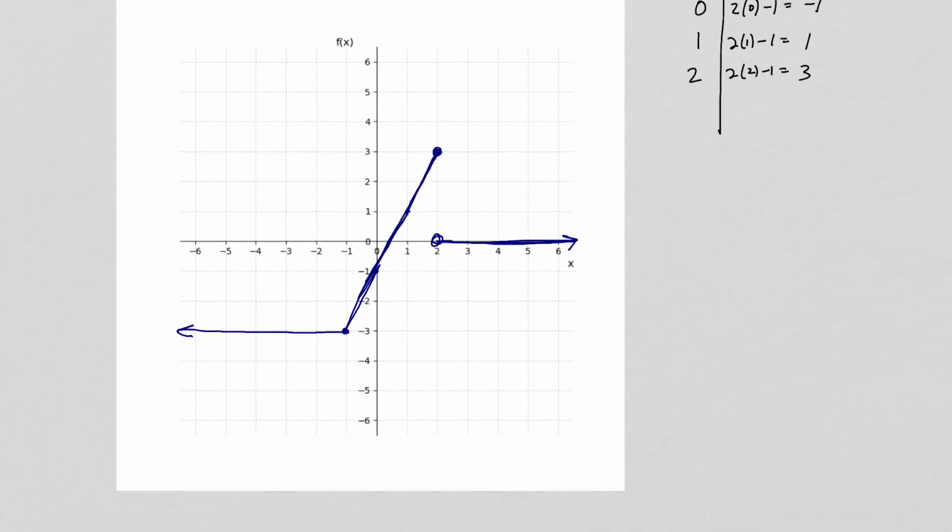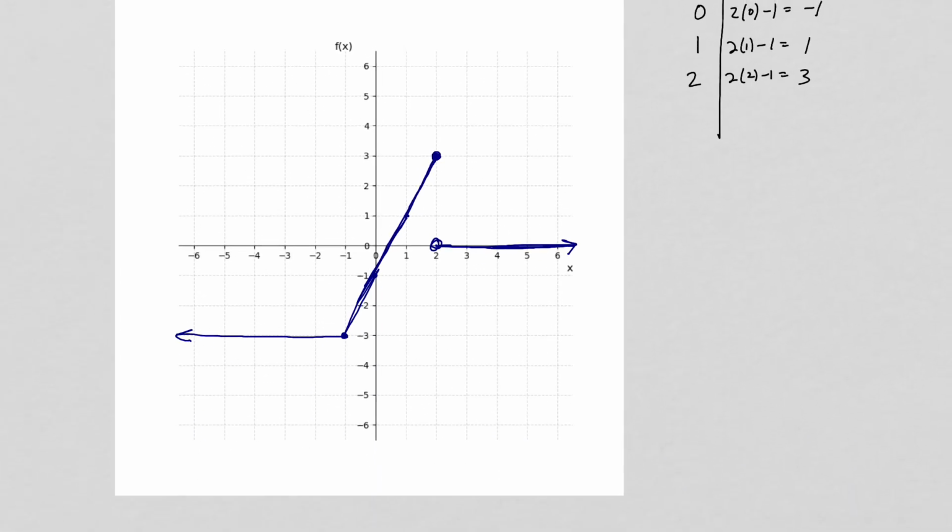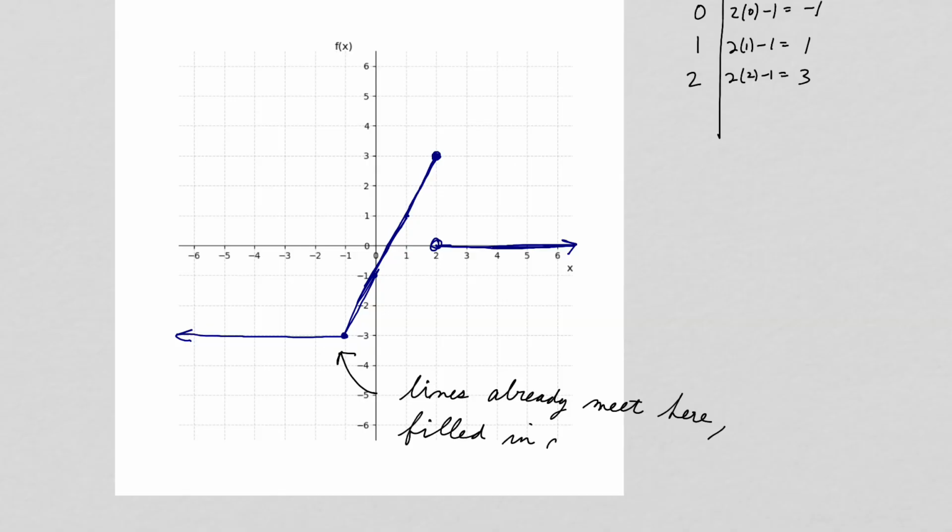The one tricky part, and you have to be careful with this on math because it'll mark this wrong. Because the lines actually meet there, you don't need the filled-in circle. Okay, so I'll say the filled-in circle is not needed.